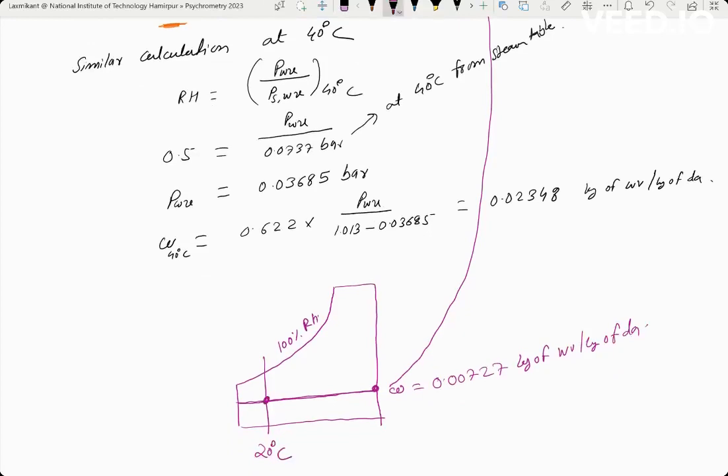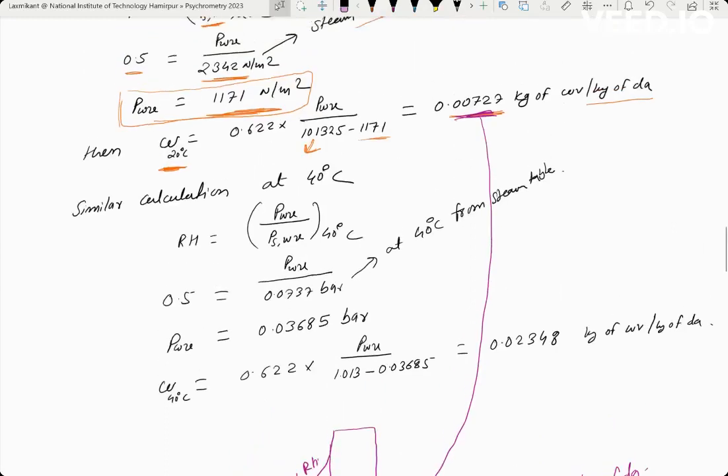This is point 1. Now we require another intersection point that we are considering at 40 degrees Celsius. So we draw the vertical line at 40 degrees Celsius. Now we will calculate the omega for 40 degrees Celsius, performing a similar calculation.